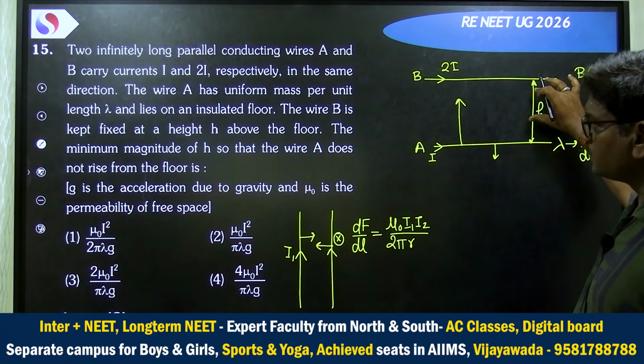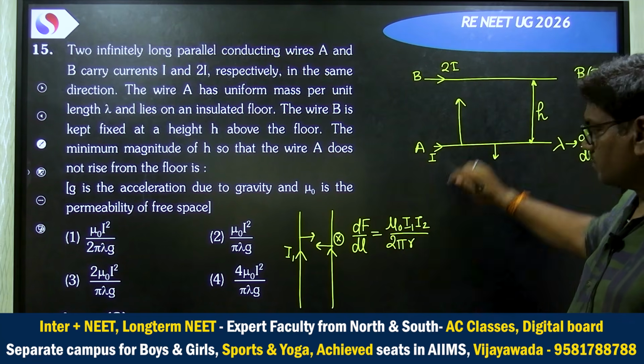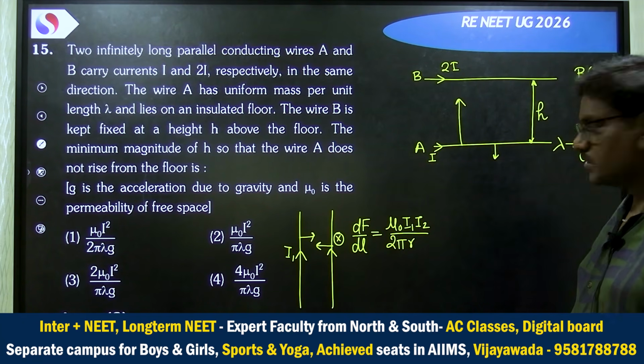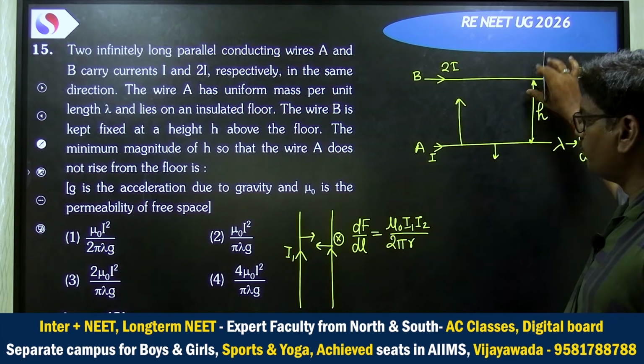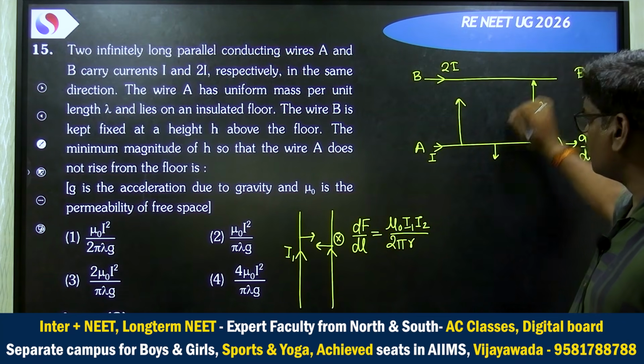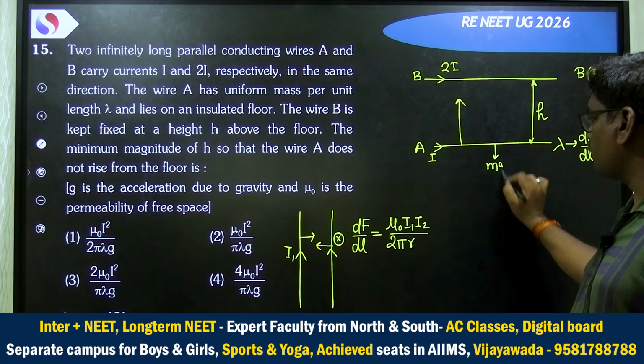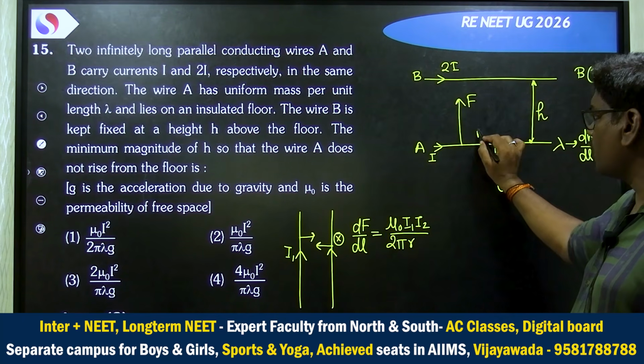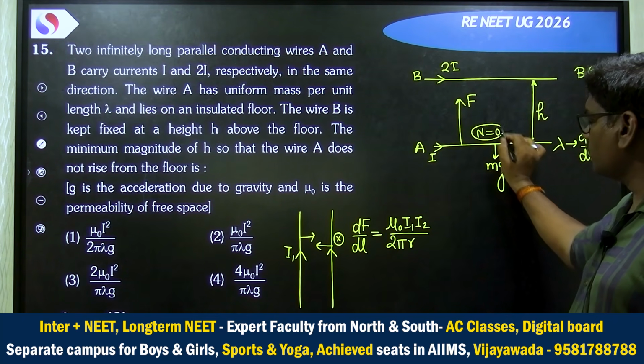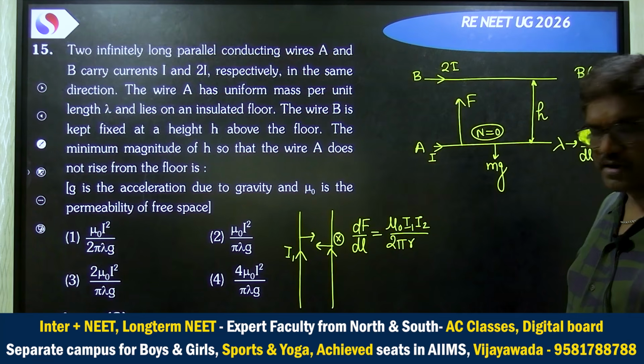As h is less, force will be more because it is reciprocal to r. So I want to keep the h minimum so that this wire will not leave the surface. Not leaving the surface means its mg will be balanced by this force and there will be no normal. Normal is just 0 because it is placed on the floor. Right?